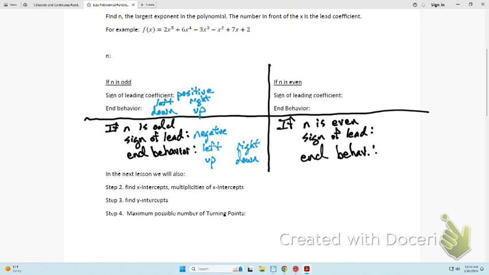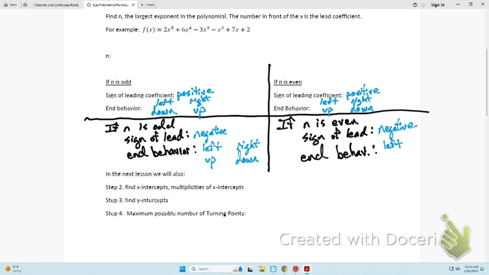If n is even, it should be symmetric. If it's positive, on the left, it is up. On the right, it is up. If n is even and the sign is negative, on the left, it is down. Whoops, I messed up a second ago.